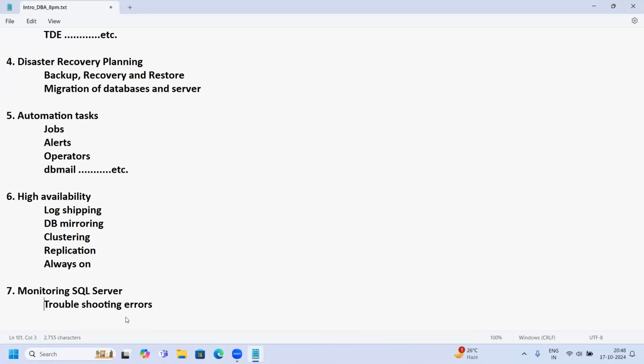We are talking about two types, database and server, both issues. Troubleshooting database and server issues.